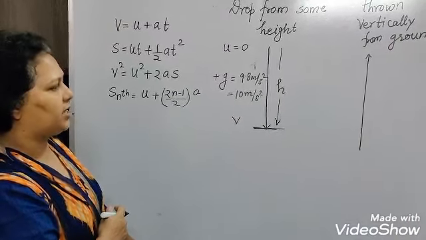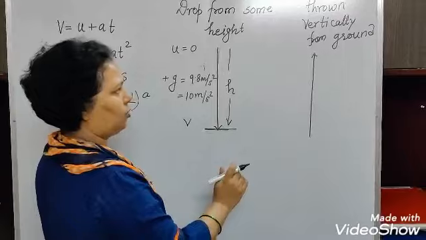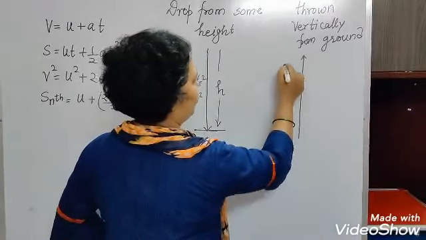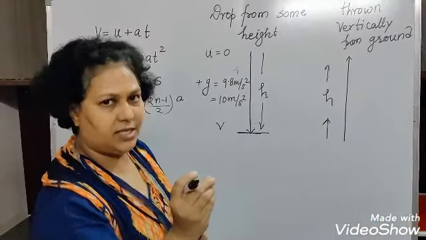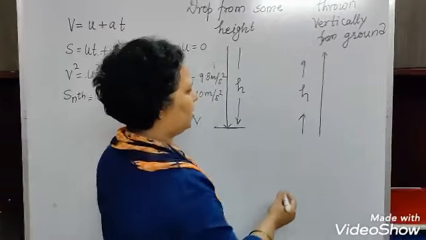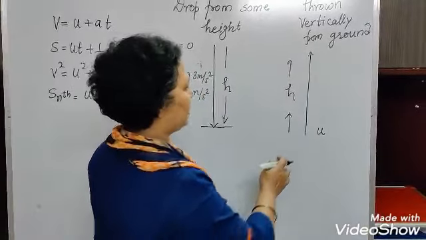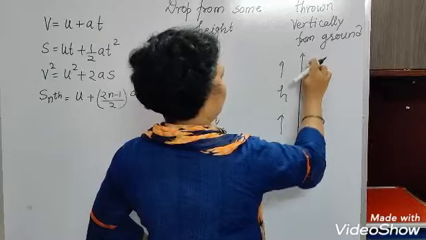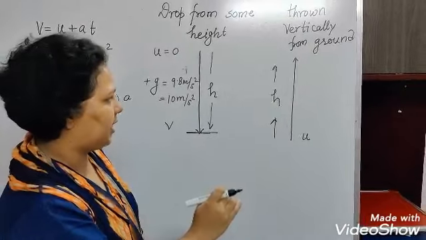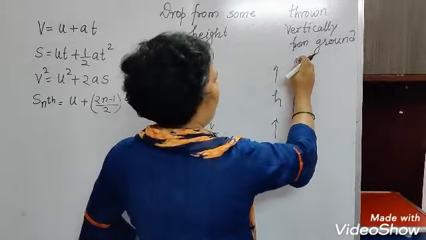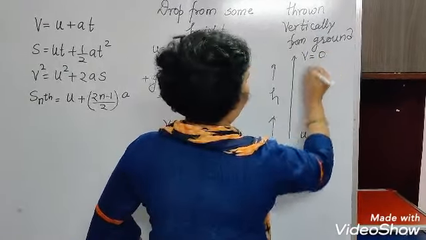Similarly, you can see that if we throw any object from the ground to some height h, initially we have to give the maximum velocity, u, the initial velocity. As it moves through the vertical distance, gradually the velocity will decrease. At some height, the velocity v, which is the final velocity, will become 0.